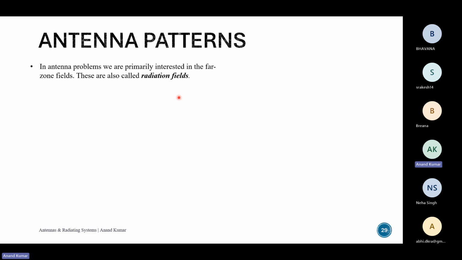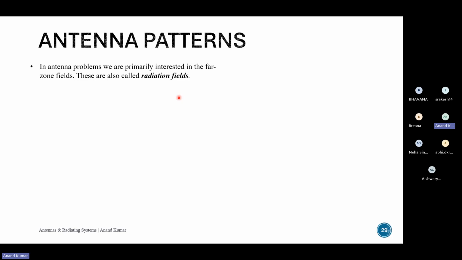But for most devices, for example, your mobile phones or the antennas in your laptops, base stations, all these places, the zone in which we are working is the far field zone.